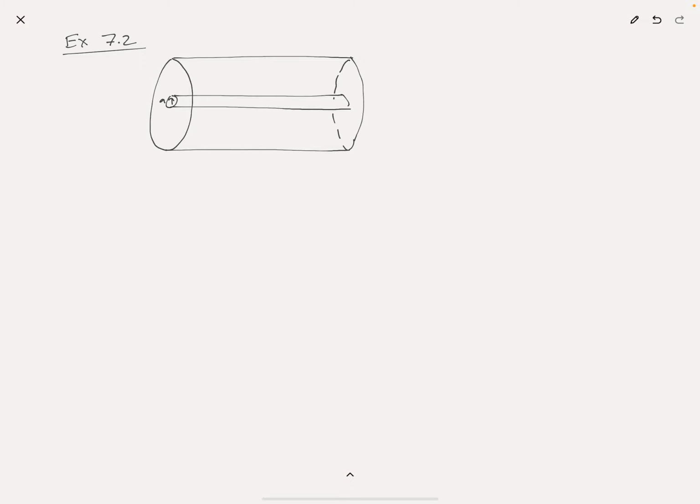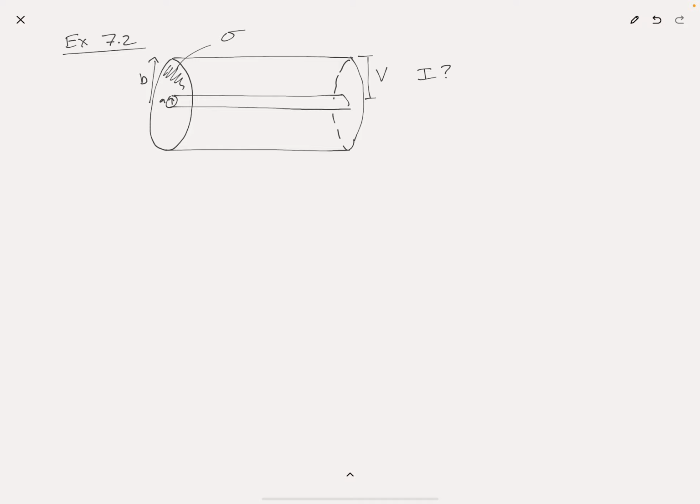This has a size of A. This has a size of B. Okay, the material in between these two cylinders has a conductivity of sigma. The difference between these two surfaces is a potential of V. What's the current that flows?